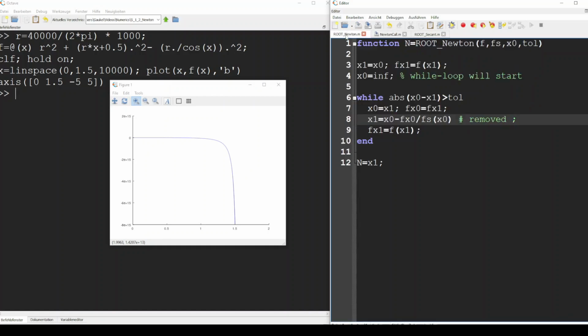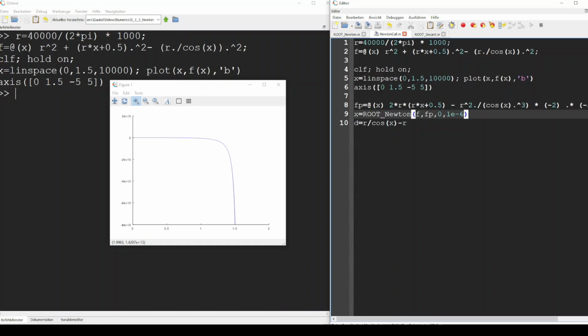Root Newton is this code, and it needs the function, the derivative f prime, an initial value, and the tolerance. So f and f prime, and the initial value: let's use 0, because we assume that the solution is not much above 0, so 0 might be a good initial value. Then we call root Newton.